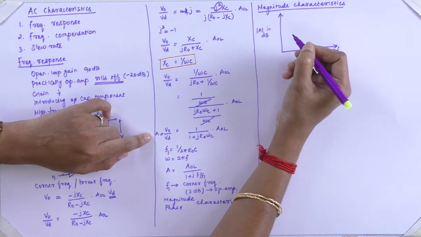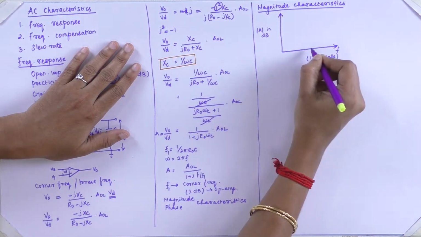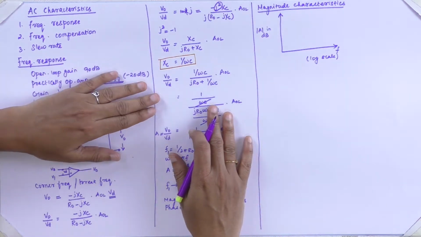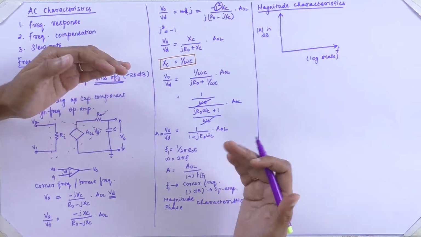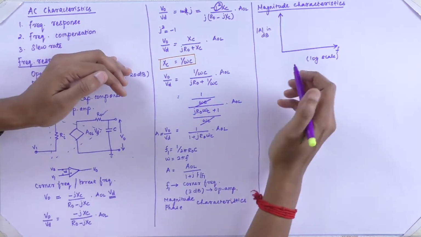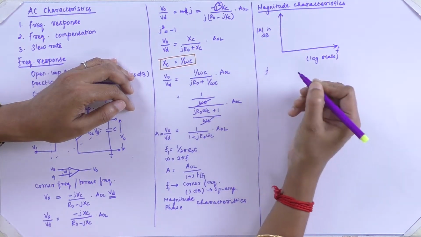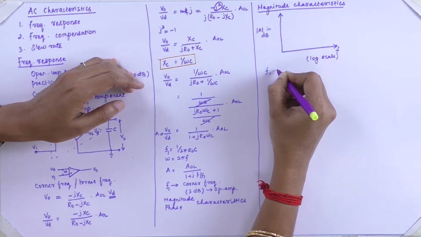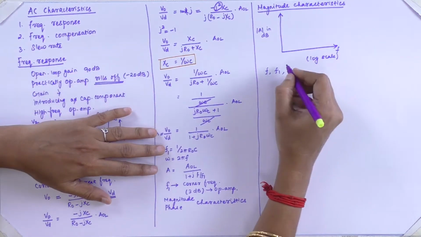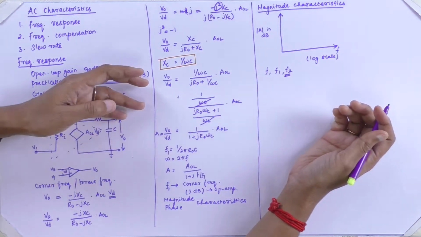Initially we defined that the frequency f will be less than f1. So here we are going to discuss three frequency values, whatever the capacitive components may be. We have a frequency f1, which is your corner frequency, and greater than f1 we have some other frequency value, which I have designated as F2.